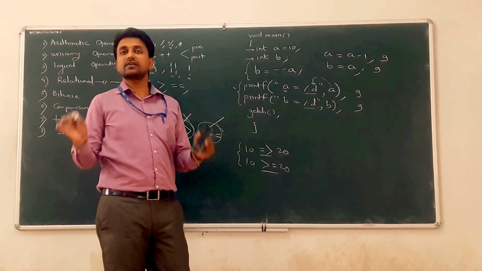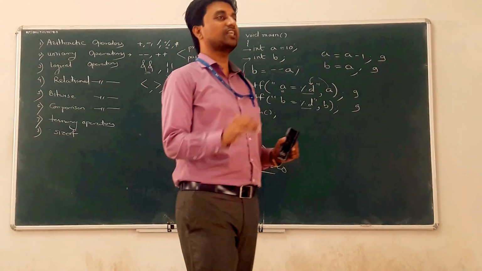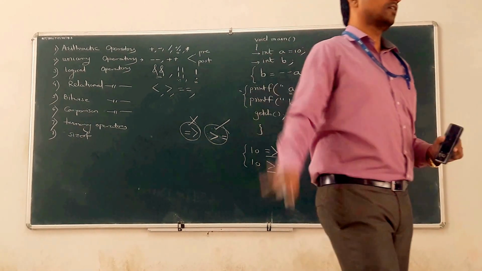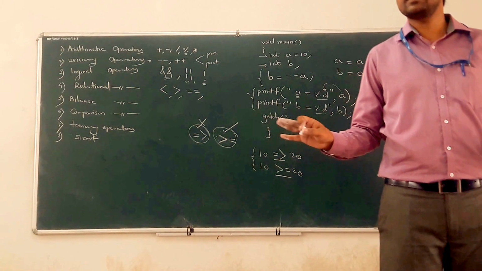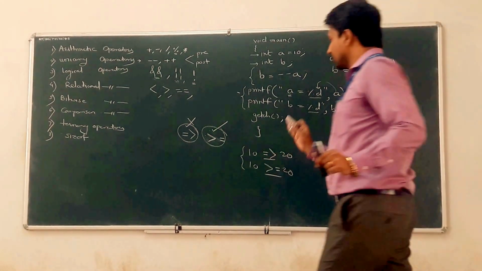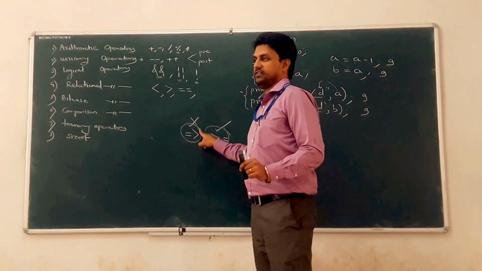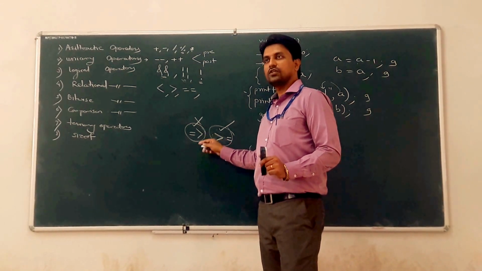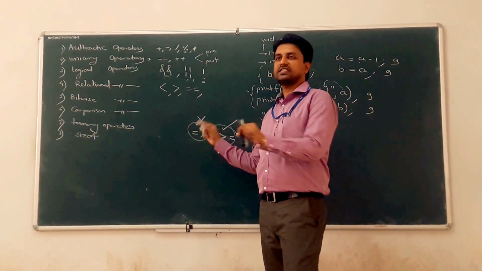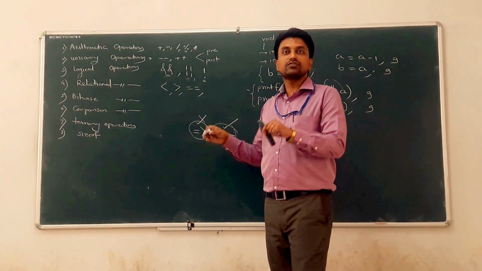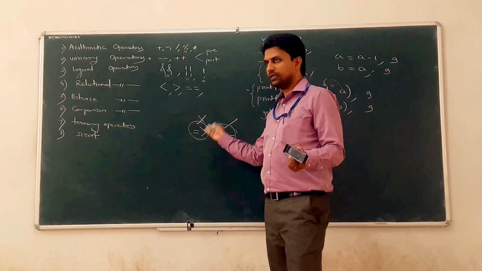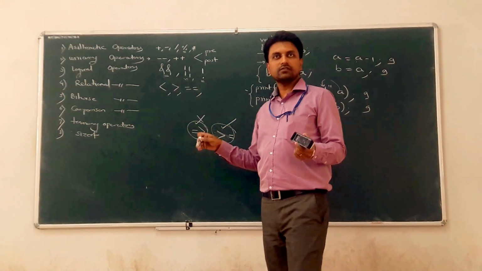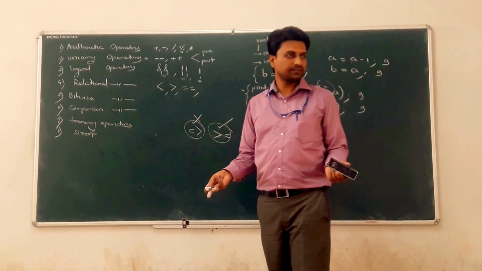This type of operator does not exist in C, C++, Java, .NET, or any formal language. Sometimes you write this operator for comparing variables A and B, and you get wrong results.